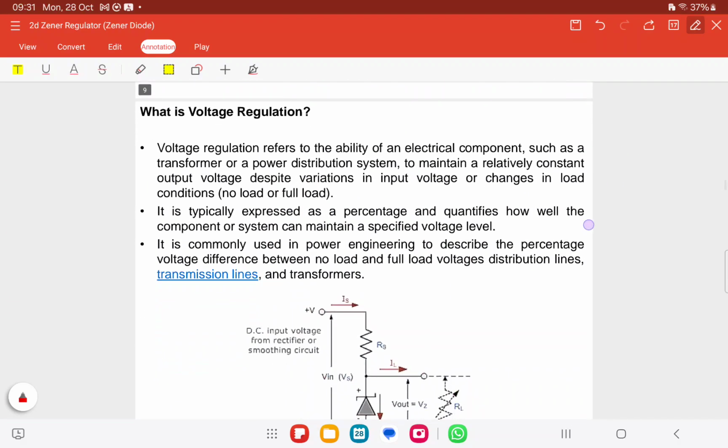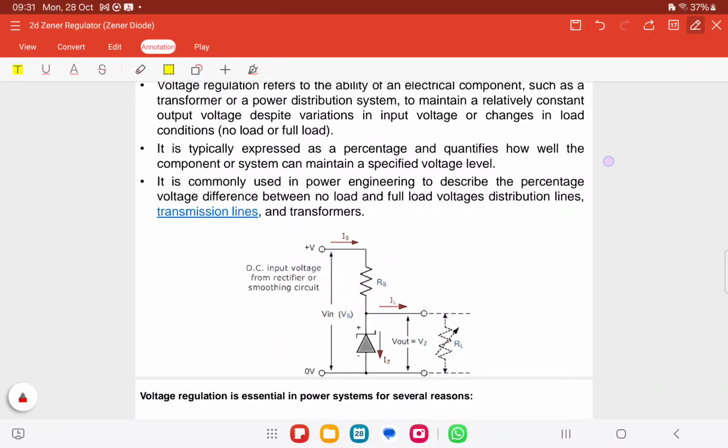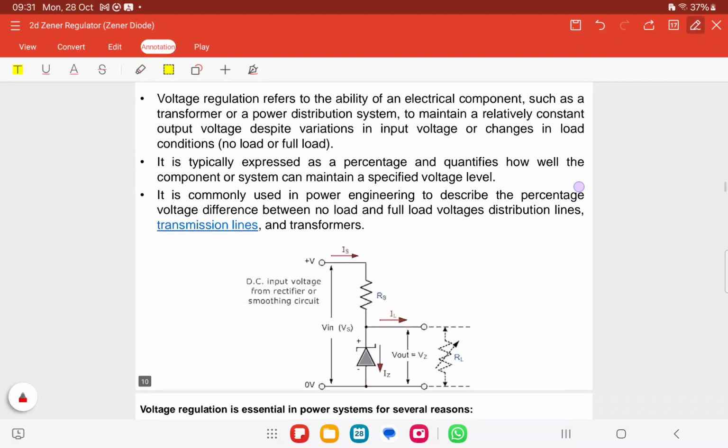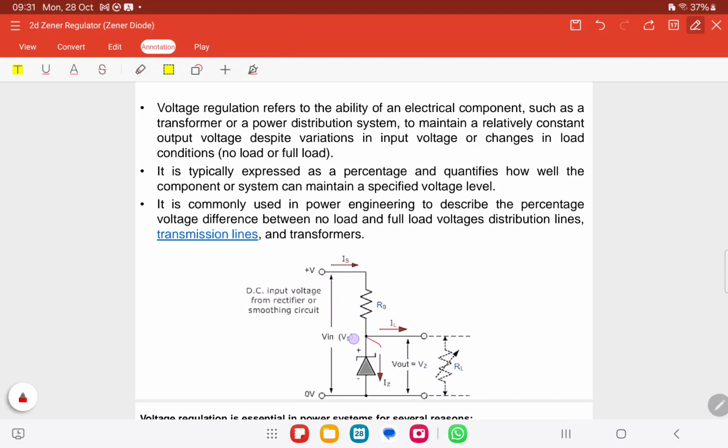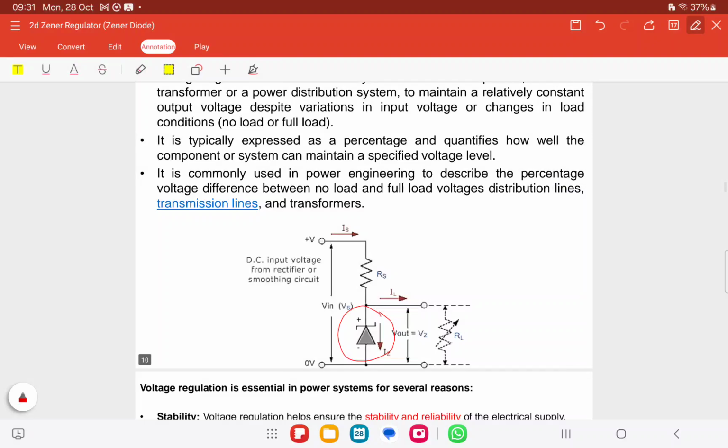Okay, this is for the voltage regulator yang kita dah belajar tadi. In the voltage regulation circuit, kita apply the Zener. This is the Zener diode, dekat dalam voltage regulator. Normally mesti kena ada resistor, variable resistor, ataupun that one is the load resistor.